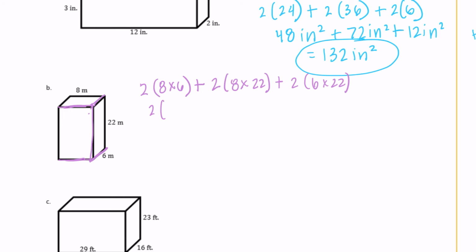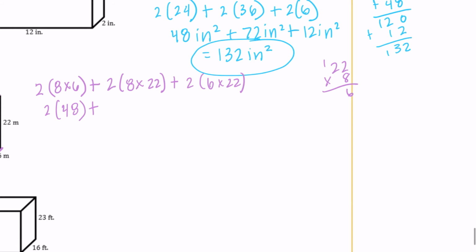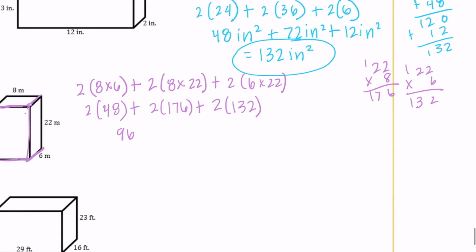So two groups of 48 plus 8 times 22, let's see, it's 176. And then 6 times 22 is 132. So 2 times 48 is 96, and I'll put the labels back on.